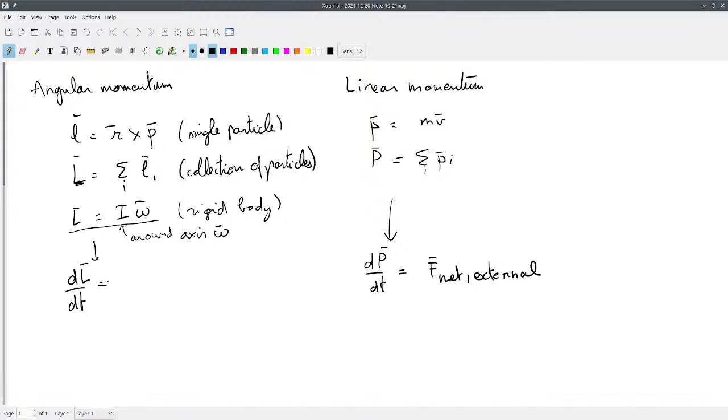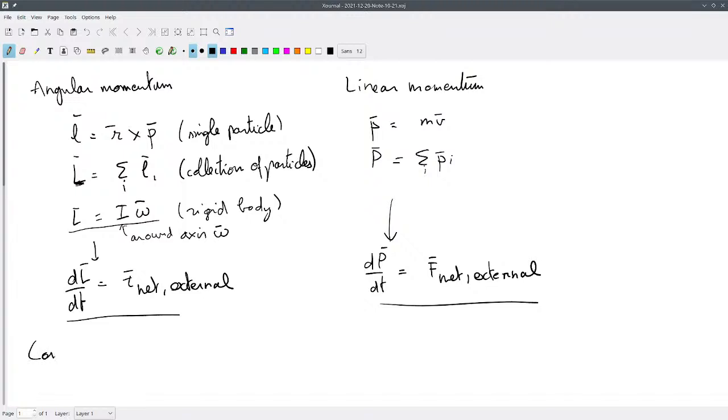So dL/dt, the change in the angular momentum, is given by or caused by the net external torque on that system. So again, very similar expressions here for linear and angular momentum.